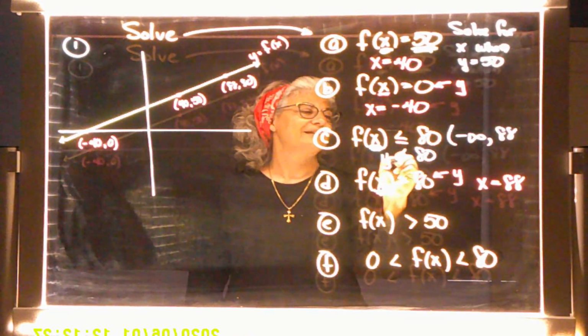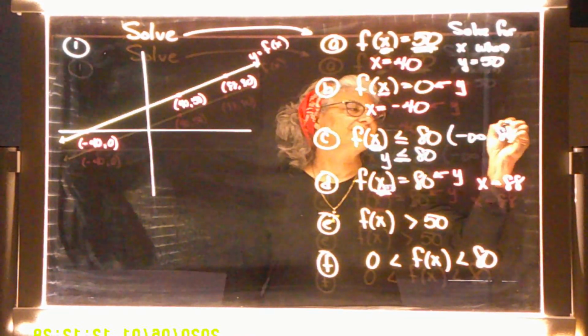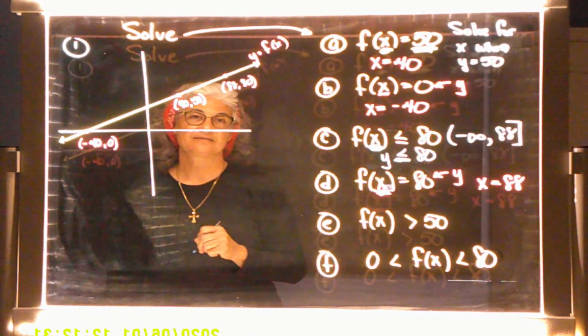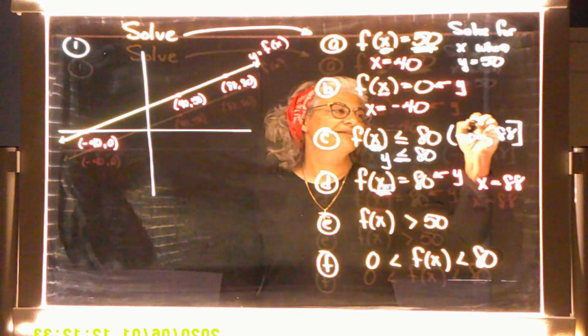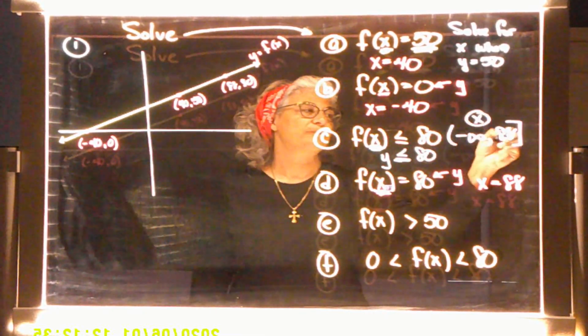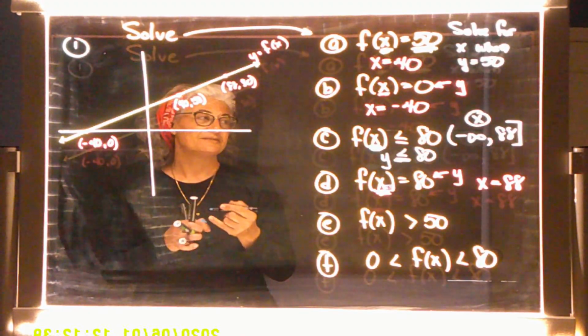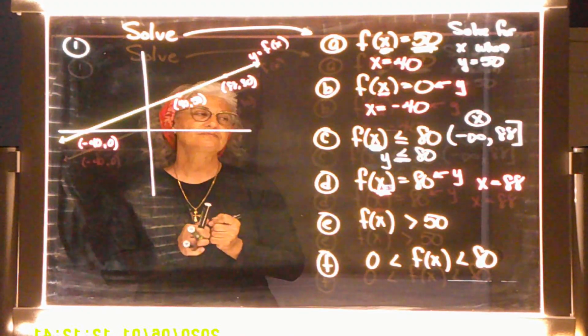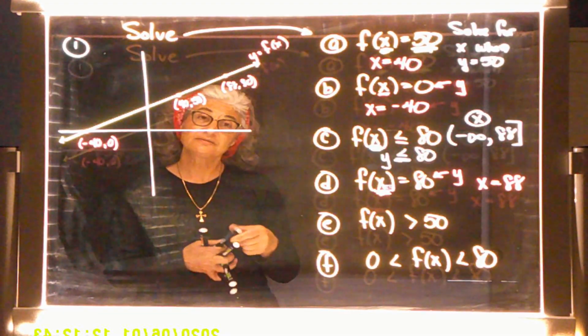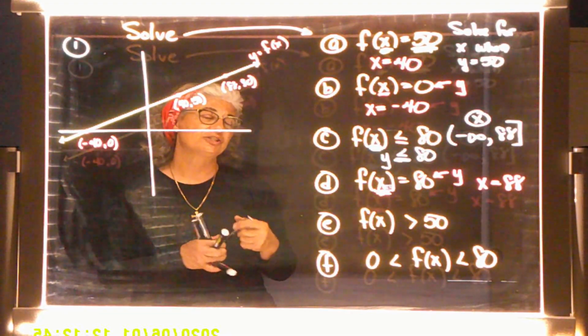And since this says equal to, then that's going to be a bracket on that. So my x's are between negative infinity and 88. Cool? Good. Or, by the way, that's interval notation.